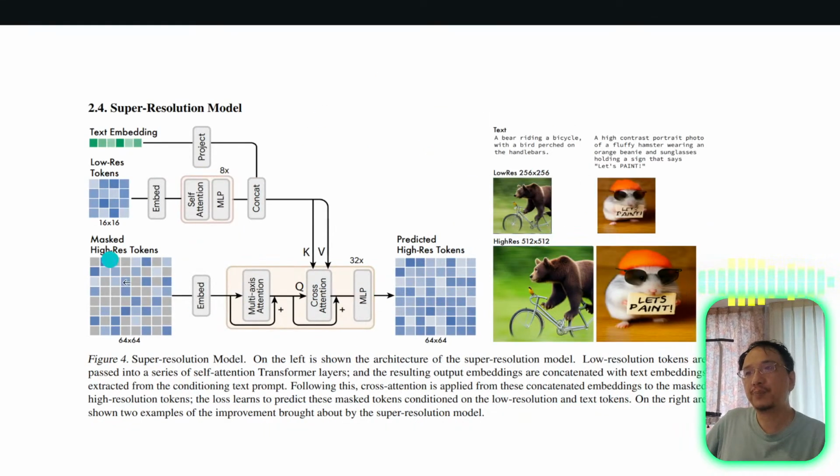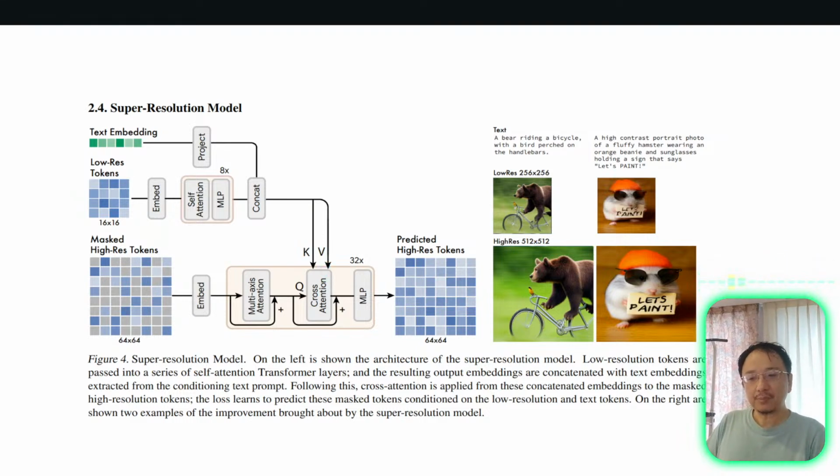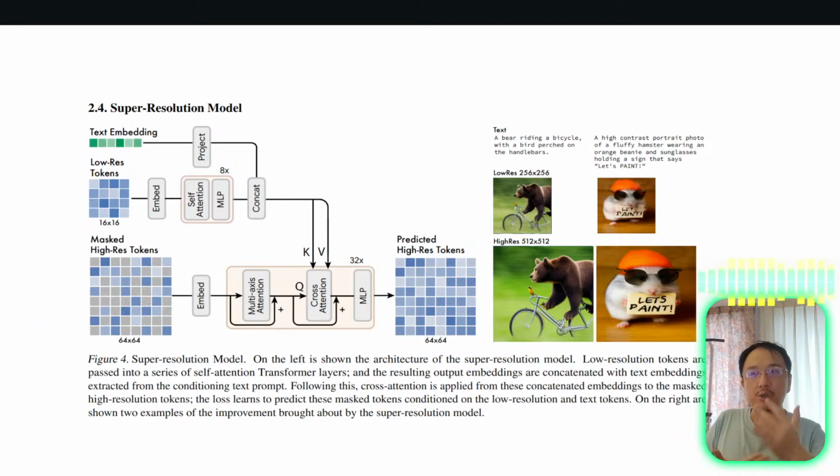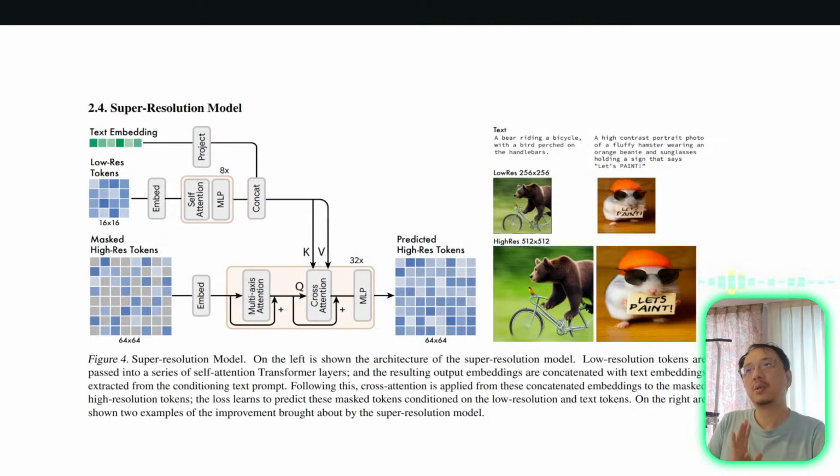So here are some details about the super resolution models. You can see how the text embedding and the low resolution tokens are used as condition, like what we were talking about with the DiT. Last week we talked about DiT and discussed there are many natural ways to inject the conditions into a transformer block.